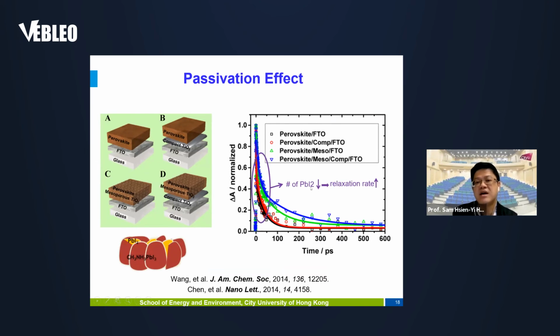Another application is for the passivation effect. As we know, adding an excess amount of lead iodide can enhance the diffusion lifetime. However, the problem is we don't know the optimal amount of lead iodide.